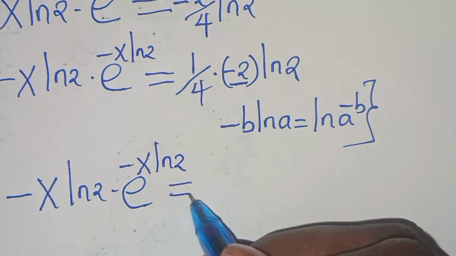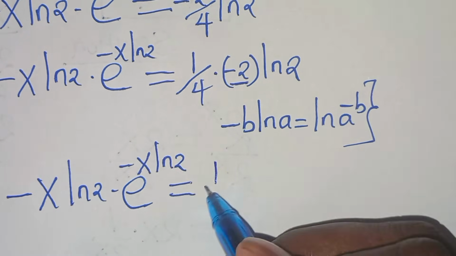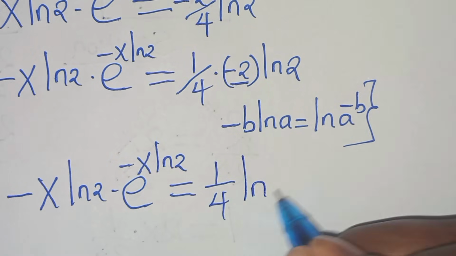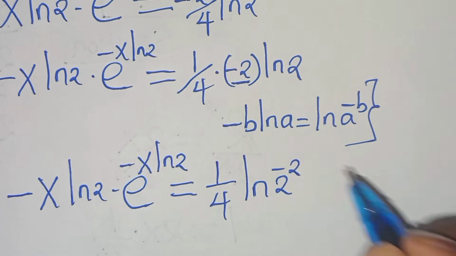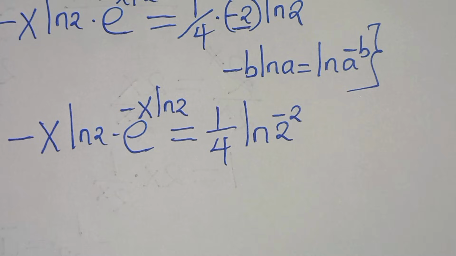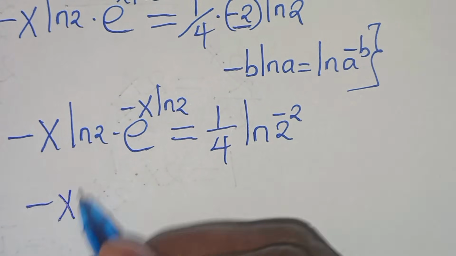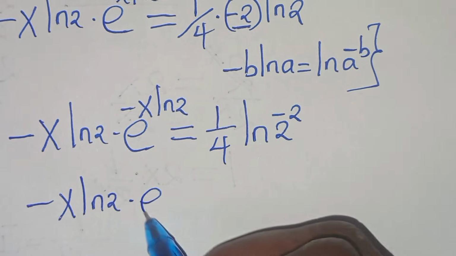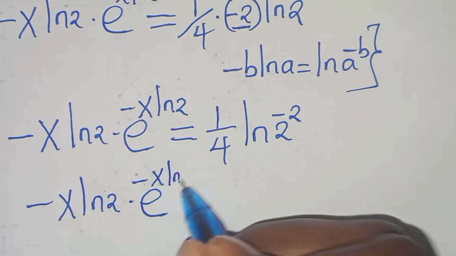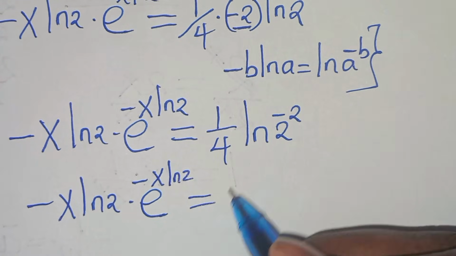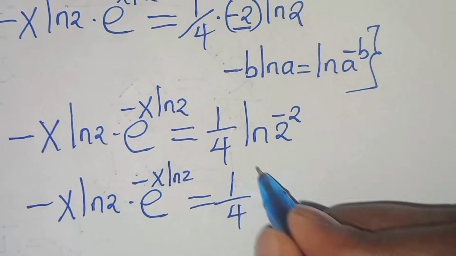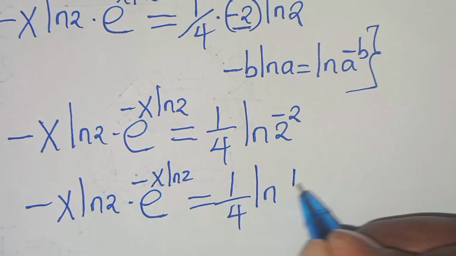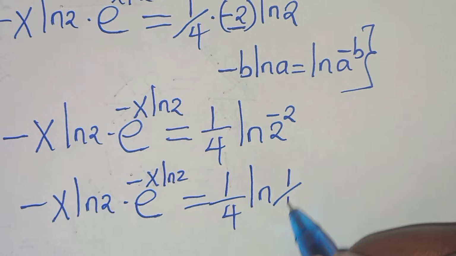This is equal to 1 over 4 ln of 2 to the power of minus 2. Now this is minus x ln of 2 times e to the power of minus x ln of 2, equal to 1 over 4 multiplied by ln of 1 over 2 raised to the power of 2. This is 4.